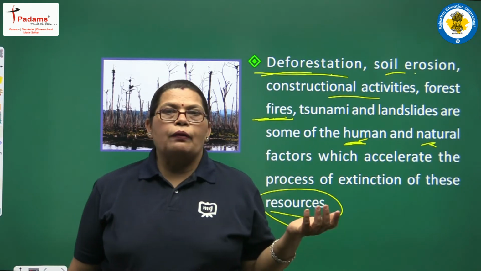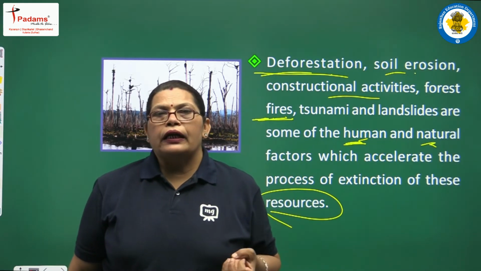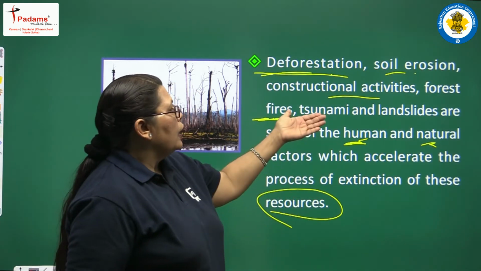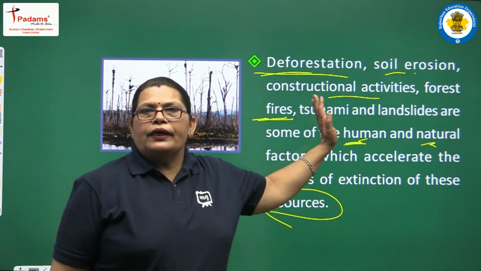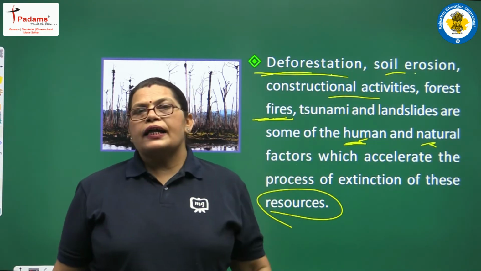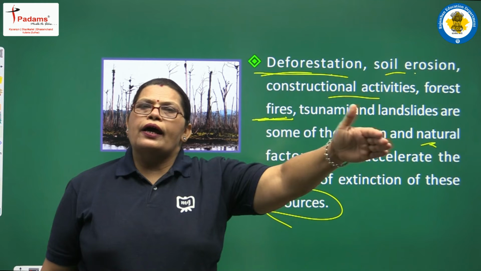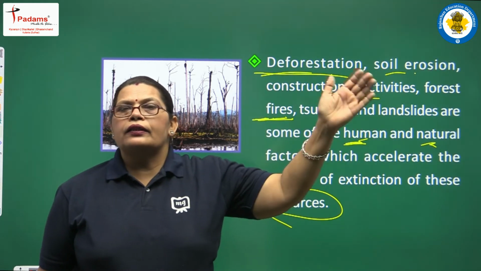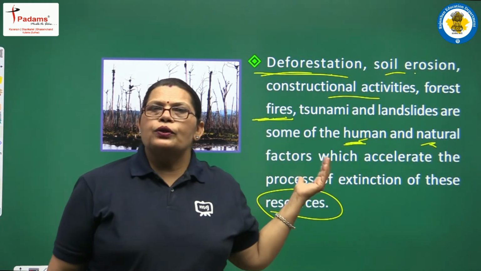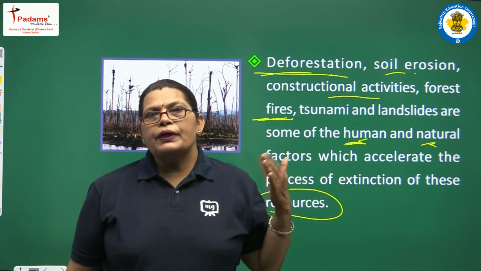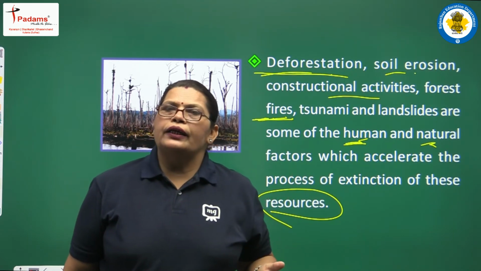And when we are talking about natural climatic conditions, then you see tsunami, you have heard already about the tsunami. And landslides are also there. भूस्खलन होता है. भूस्खलन में आप देखिए कि कितना बड़ा नुकसान होता है, यहाँ पे जान माल की तो हानि हो ही रही है बच्चों.